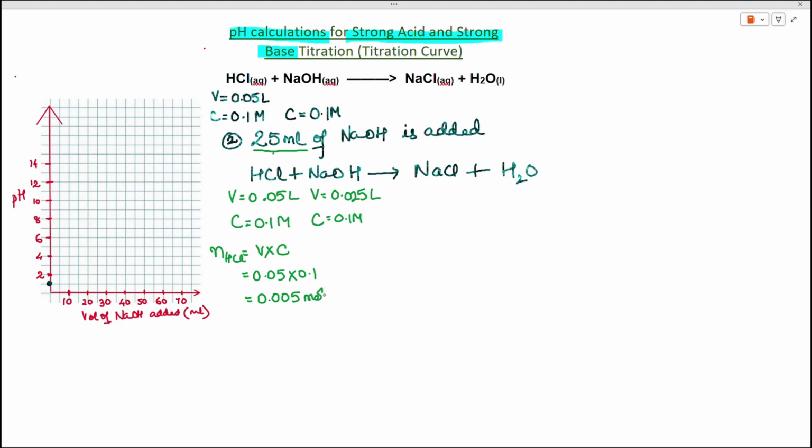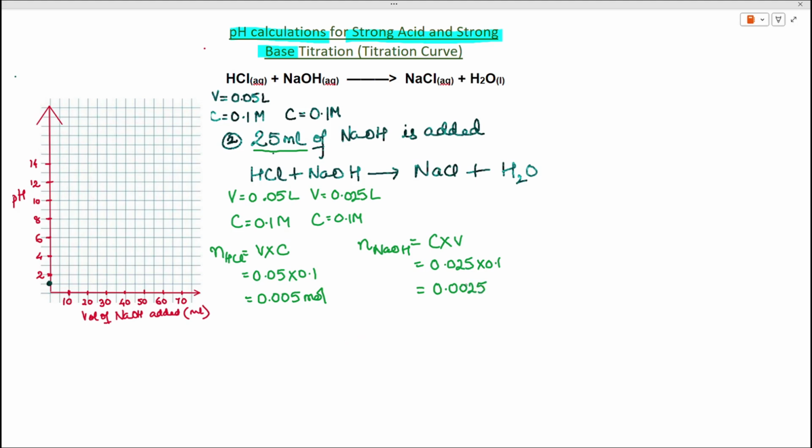0.005 moles. The same way we'll calculate the number of moles of the base, which is NaOH, which is again its concentration times volume, and this gives us 0.025 multiplied by 0.1. So this gives us a value of 0.0025.